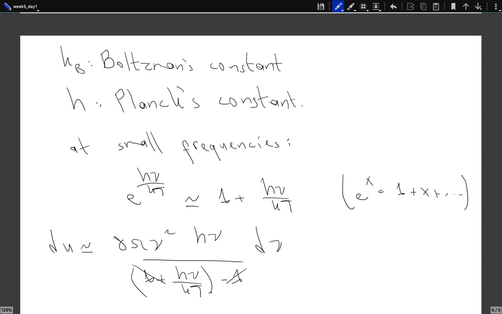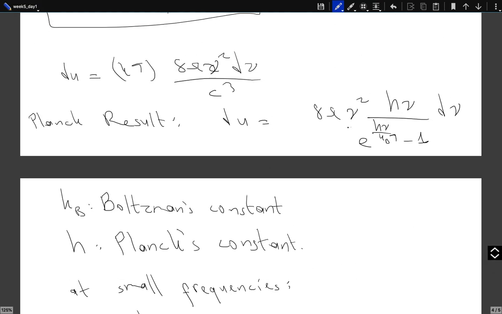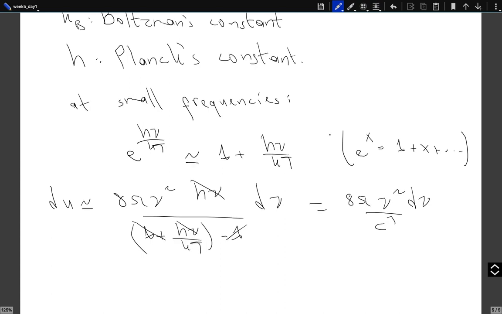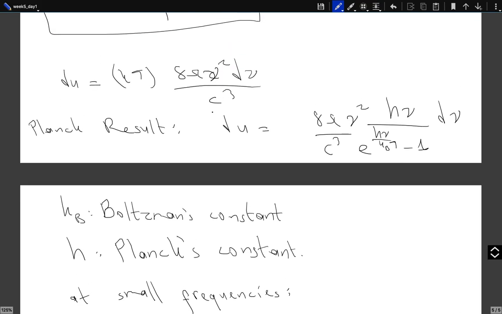The 1s cancel. The h nu's cancel. So we end up with 8 pi nu squared d nu over c cubed, sorry, here I forgot c cubed, times kT, which is nothing but our previous expression. So at least he knows that it should work at small frequencies, but it turns out that it works at larger frequencies also. So he made a fit which explains the observations quite nicely.